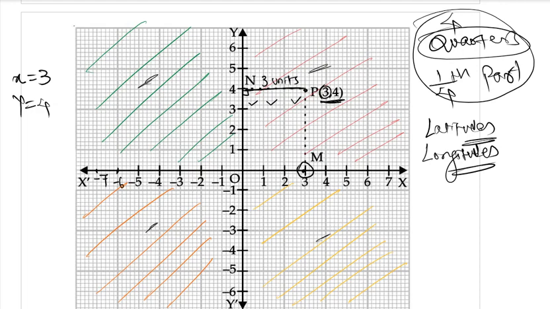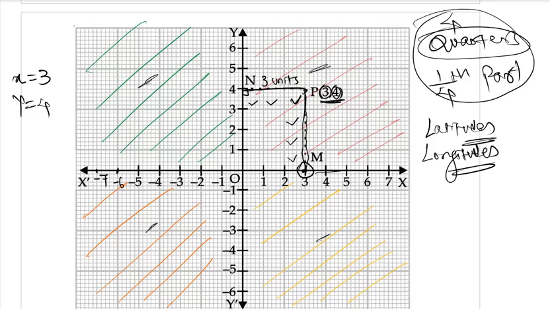Right? Now what is y coordinate? Y coordinate is the perpendicular distance from x-axis. So see, this is x-axis here. What is the perpendicular distance from x-axis? How much is this distance? How many blocks do you see? I see 1 block, 2 block, 3 block and 4 block. So this distance should be 4. Yes, it is 4.